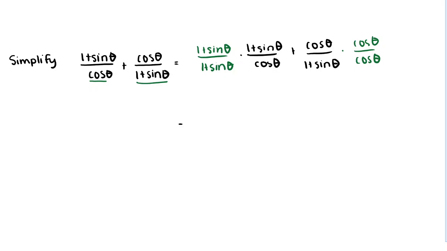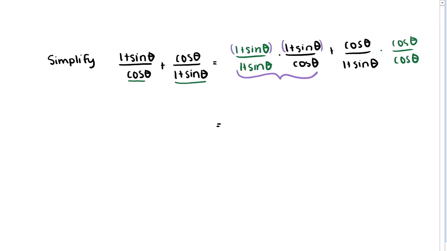And so here, if I multiply these first two fractions, this means multiply this numerator with this numerator. And maybe I'll do that off to the side here, just as a little separate note. So 1 plus sine of theta multiplied with 1 plus sine of theta, right? This is kind of like polynomial multiplication, where I multiply every term in the first polynomial, or every term in the first group, with every term in the second group.